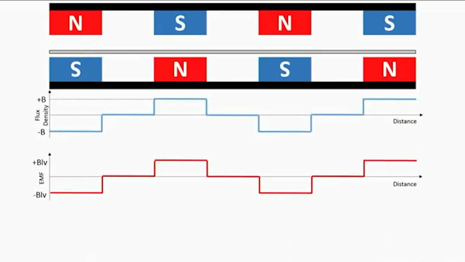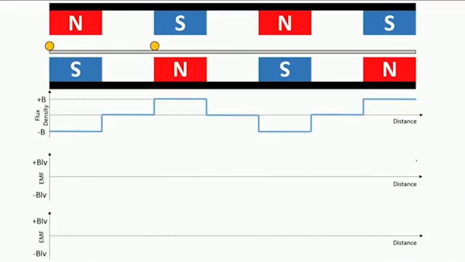Now, in the next slide, I have placed two conductors, and they are stationary. The first curve, the B L v curve, is the left conductor voltage, and the next conductor on the right has its EMF in the last plot down.